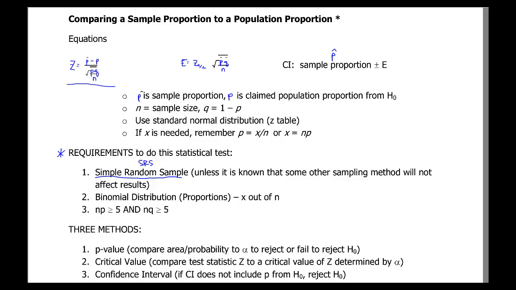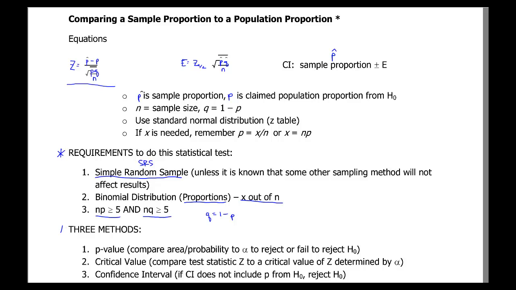We have to be working with proportions, which is x out of n, and we need to check to make sure that n times p is greater than 5 and n times q is greater than 5, and remember q is 1 minus p. So 3 things to check before you do any problem. We will have requirements for all the different kinds of problems we do in this unit. They'll be a little bit different for each one.